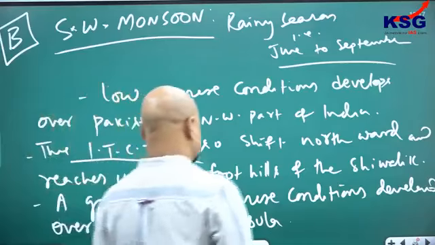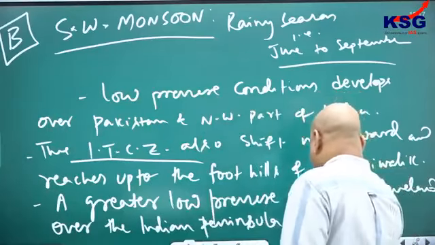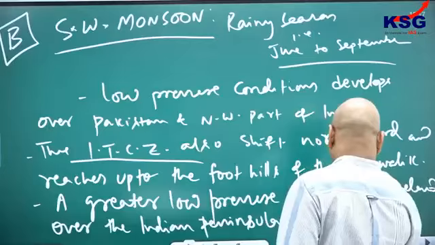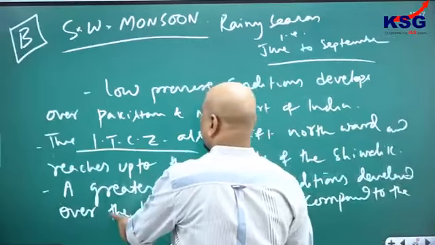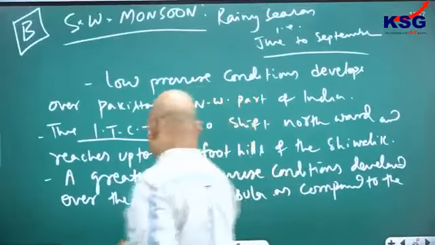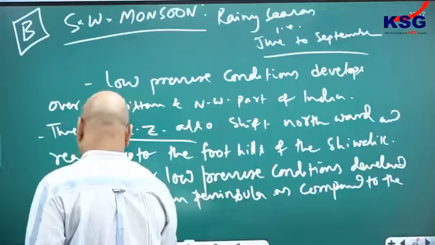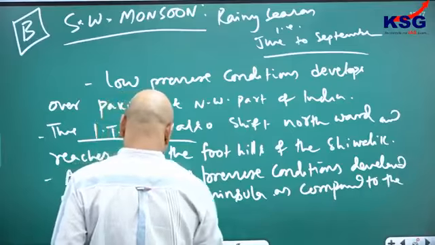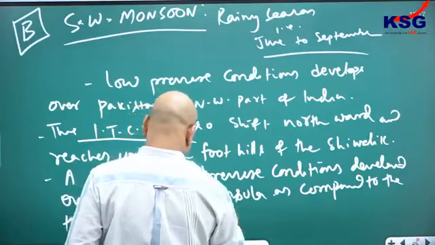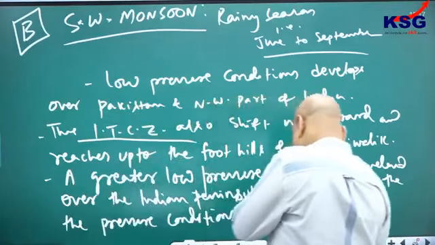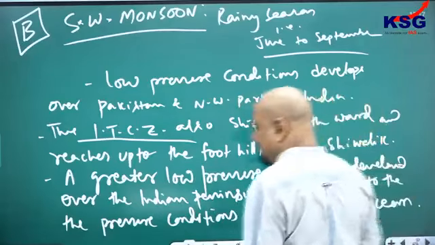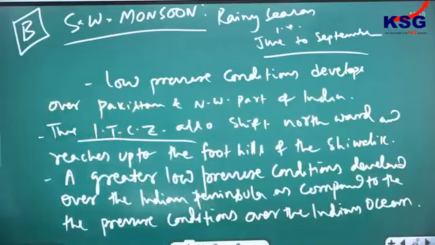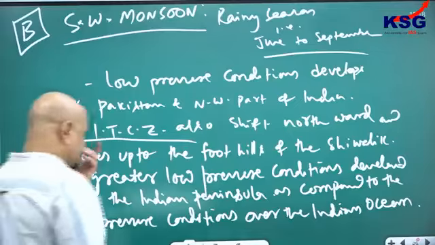Greater low pressure condition develops over the Indian peninsula as compared to the pressure conditions over the Indian Ocean. समझ में आया? प्रेशर कंडीशन ऑफ द इंडियन ओशन उससे ज्यादा ये रहेगा. एक पॉइंट ये है. नेक्स्ट वन देखिए आप और क्या होता है.